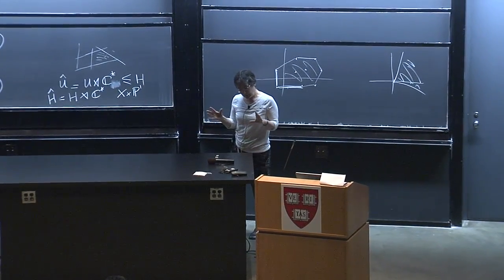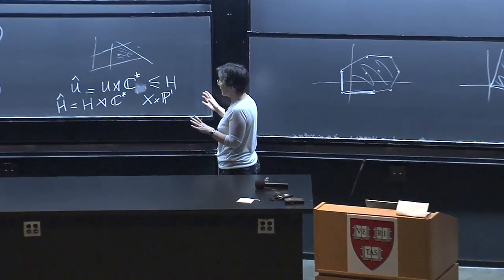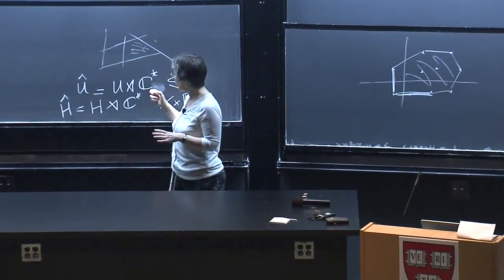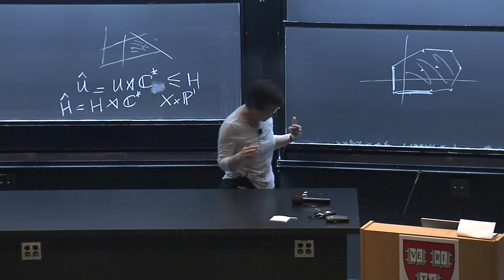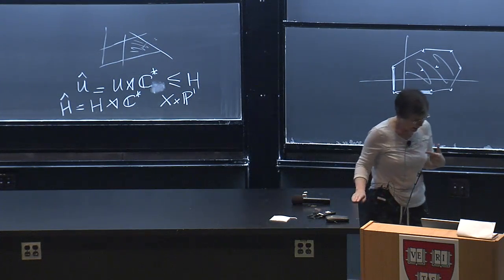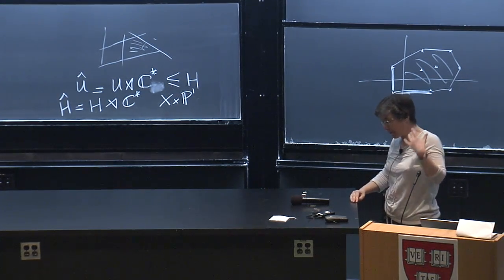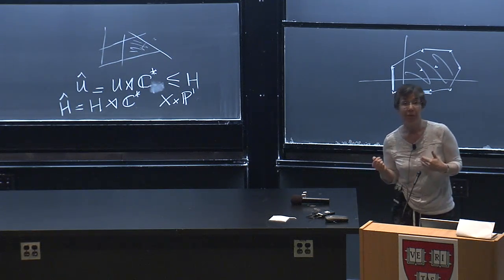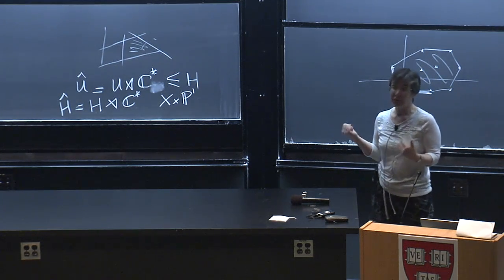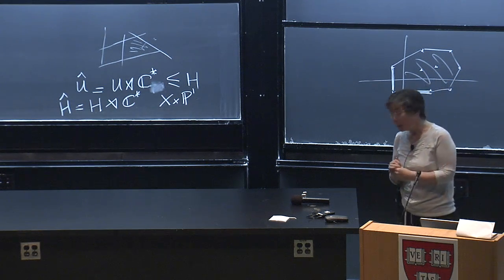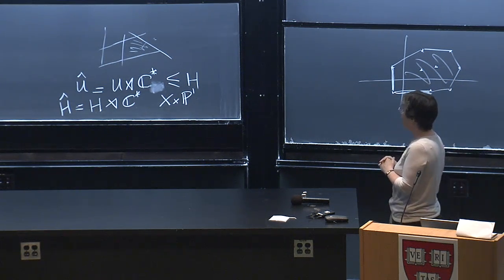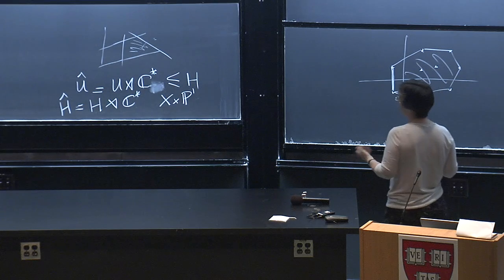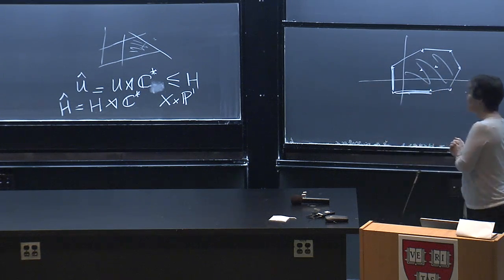What you're doing is saying that the grading and the extension by this C star is picking out for you a particular finitely generated subalgebra of the U invariants or the H invariants, which is then giving you a nice projective variety.